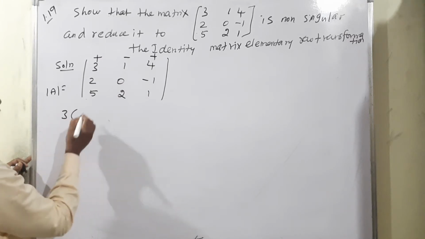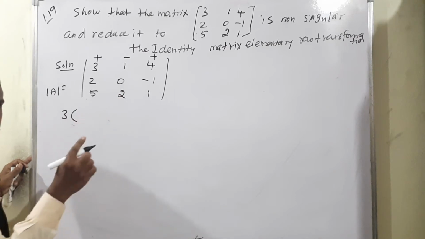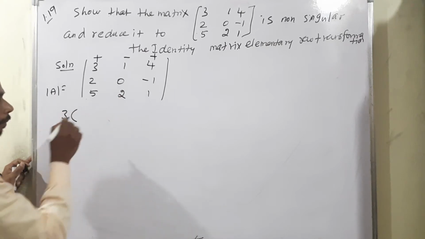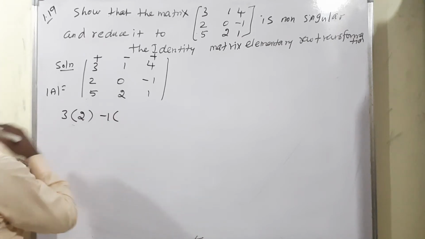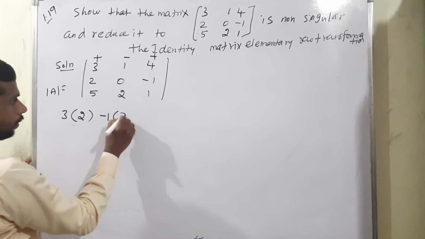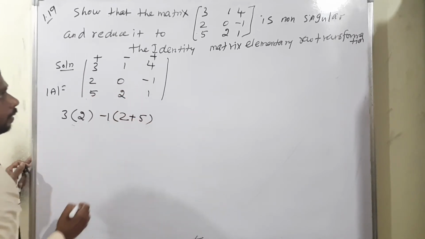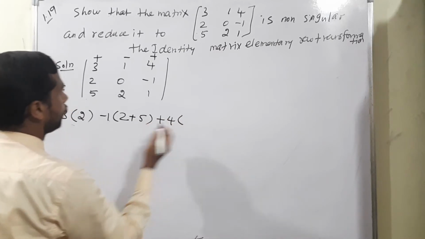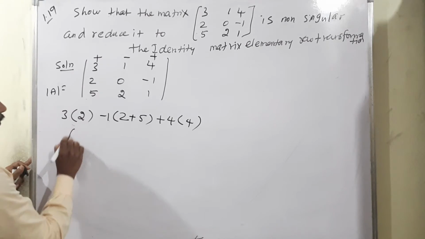Therefore, first one, 3 means 0 into 1, 0, minus 1 into 2 means minus 2, cross multiply means common minus, therefore we can write positive 2. Next one, minus 1 means if you skip the row and column of 1, it is 2 into 1, 2. Cross multiply means 5 into minus 1, positive 5. The last one, plus 4 into 2 into 2, 4. So again 3 into 2, 6.